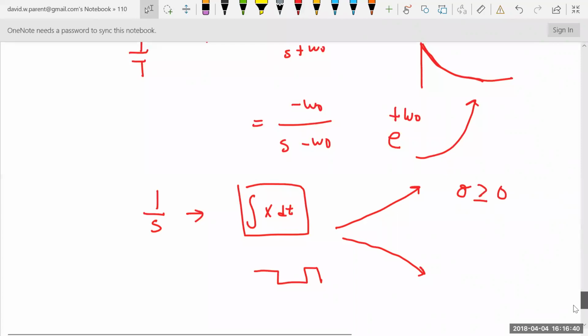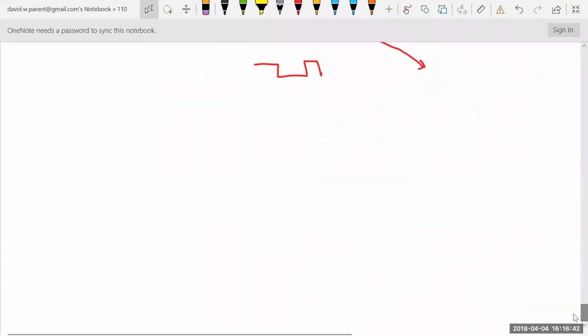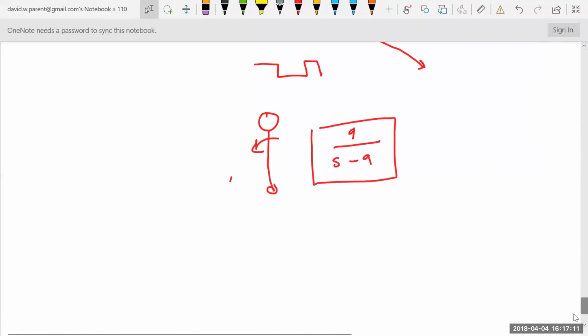But just to give you a taste, here's a system. I have a mass on a pendulum, and if I get off a little bit, right now the gravity's pulling straight up and down. It doesn't move. A little bit of noise, and this will move. The gravity will drag it, and then drag it more, and then keep dragging it. And so you get this kind of transfer function for an inverted pendulum.